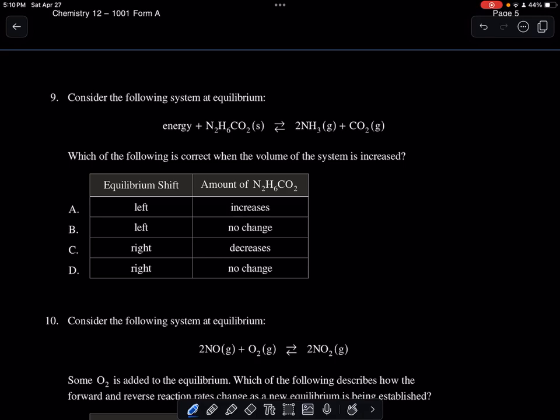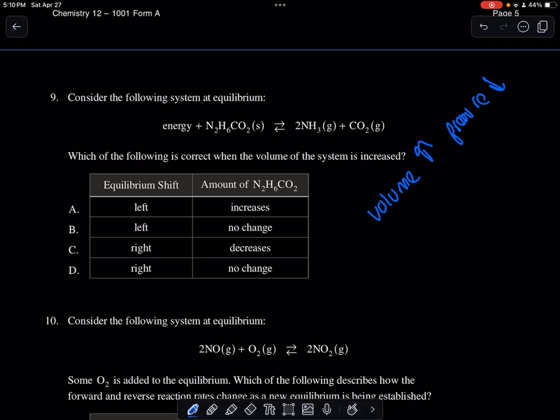So when the volume is increased, the pressure will decrease. And so when the pressure is decreased, the equilibrium will compensate to then increase the pressure again.